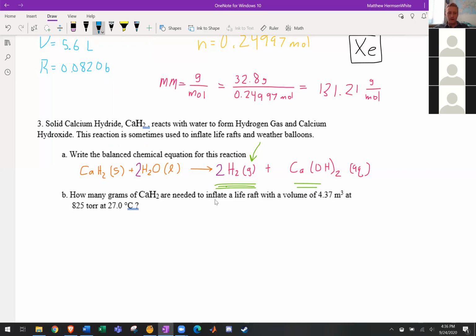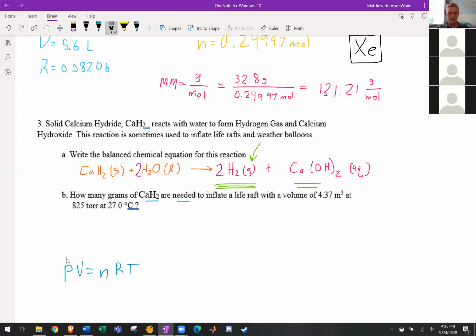We are trying to find how many grams of CaH2 are needed to inflate the life raft. We know that it's the gas that's doing the inflation. Whenever you hear gas, it's pretty safe to start out with PV equals nRT. Well, let's see, what do we have?